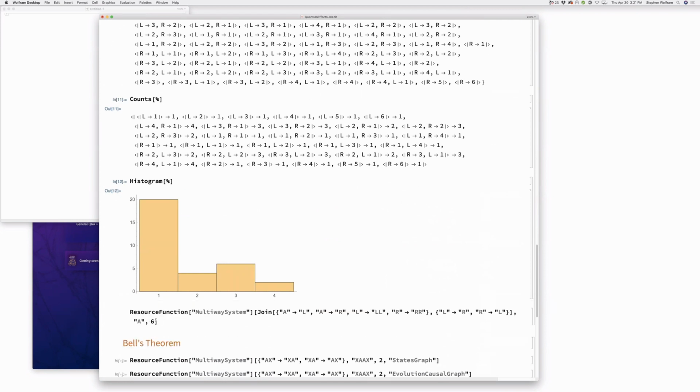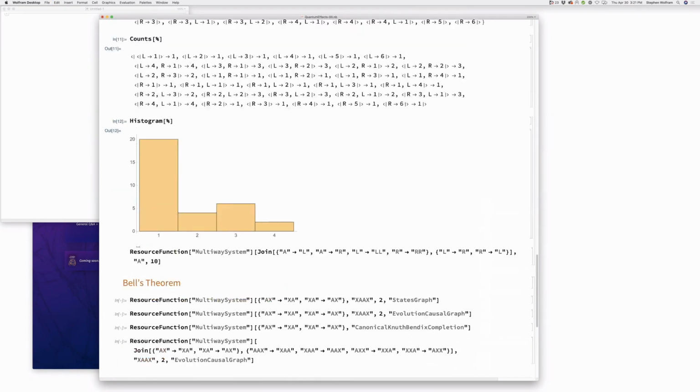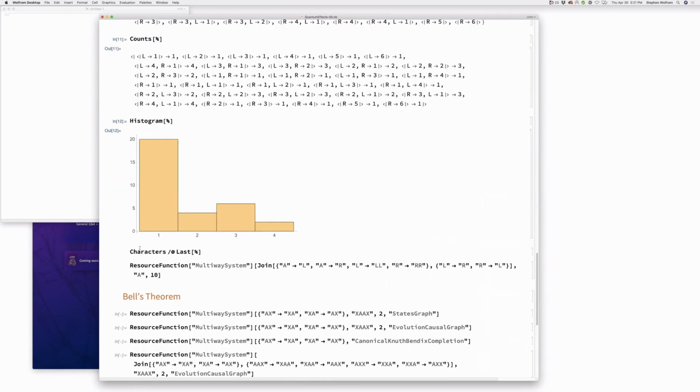We're going to do, say, 10 steps. And remember, this is a deeply toy model. Characters of that. And then, okay, let's take the last of this. That was the final state. And let's take characters of that.